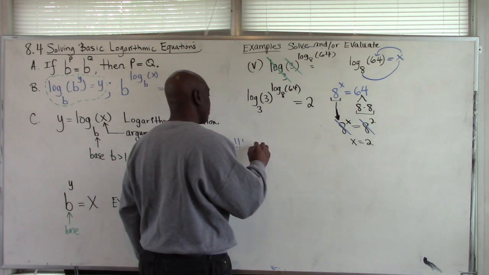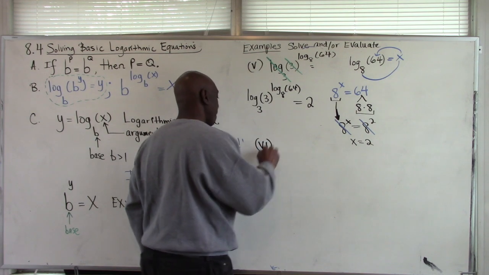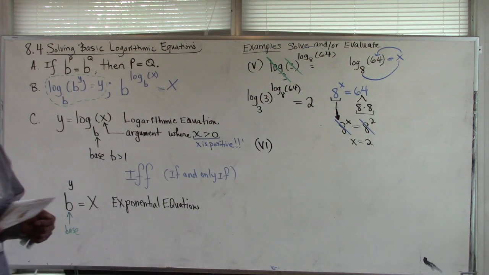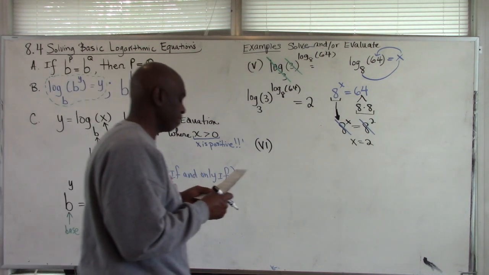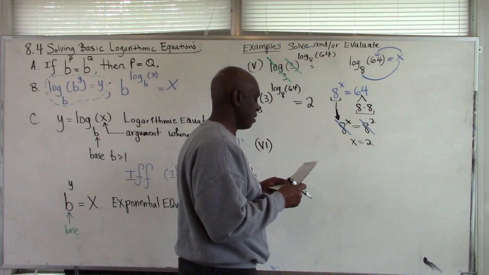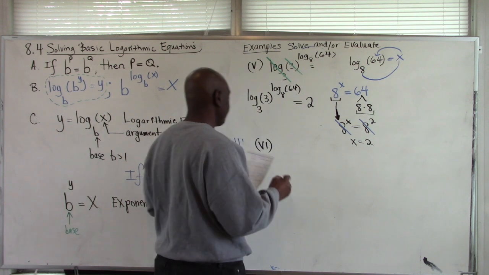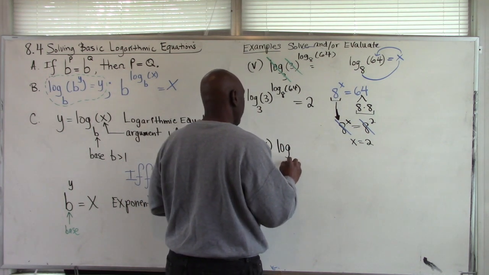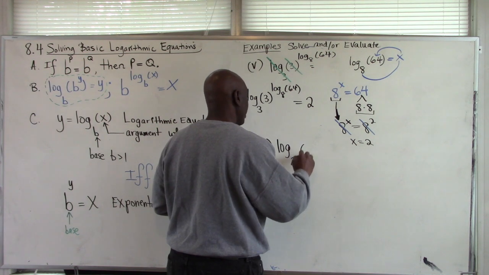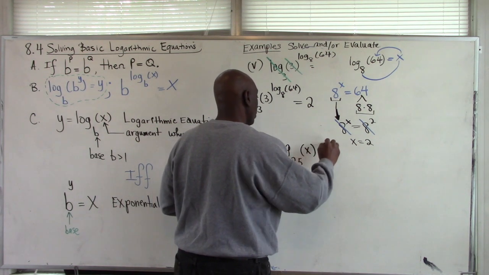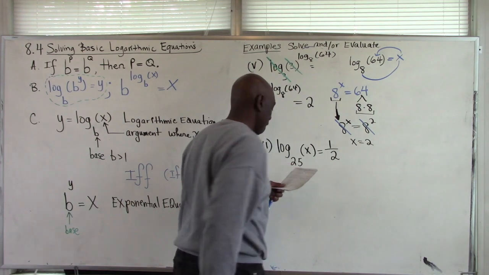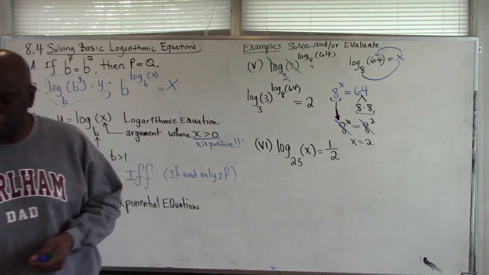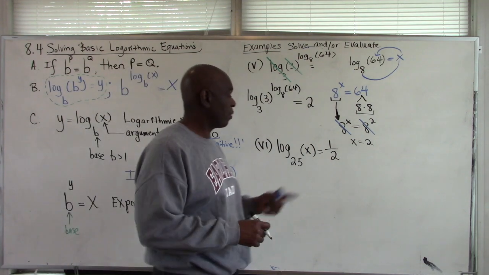Example 6. Okay, what about this fellow? Log base 25 of x equals 1/2. What are you going to do with him? What do we do with this?